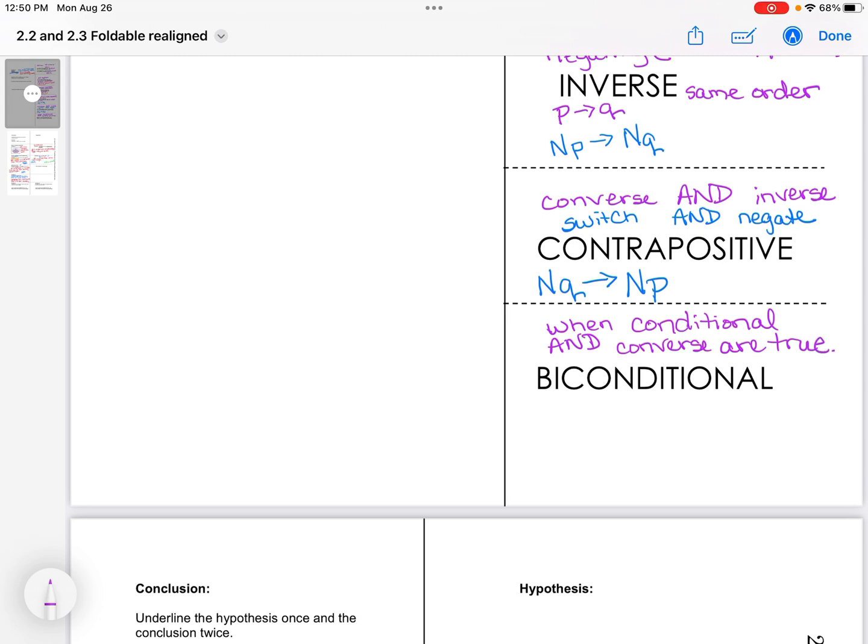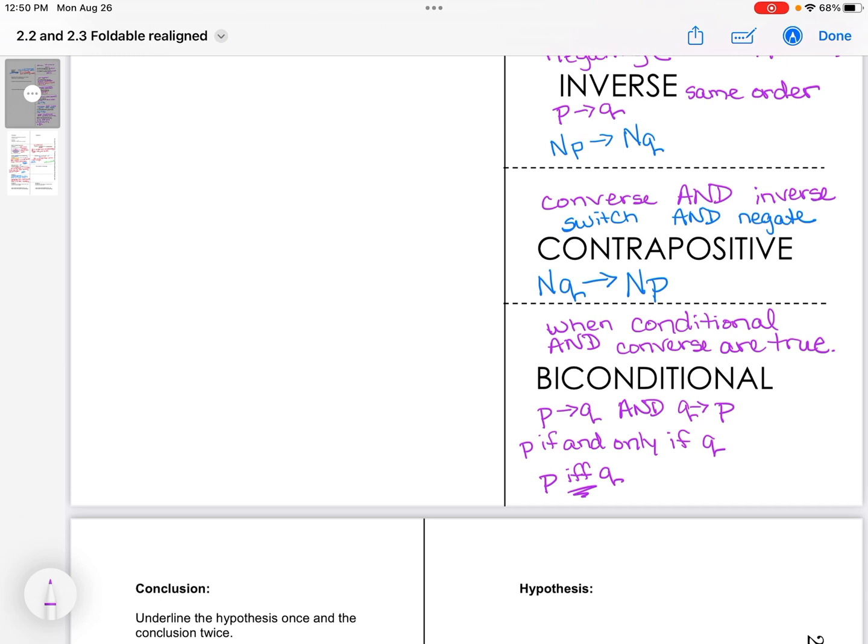So we write it like this: P, if and only if Q. And even shorter, we write P, I, F, F, Q. So that stands for if and only if.